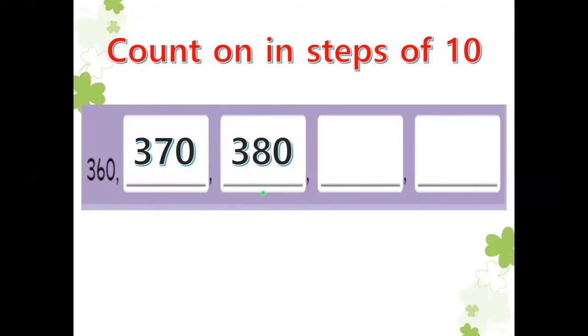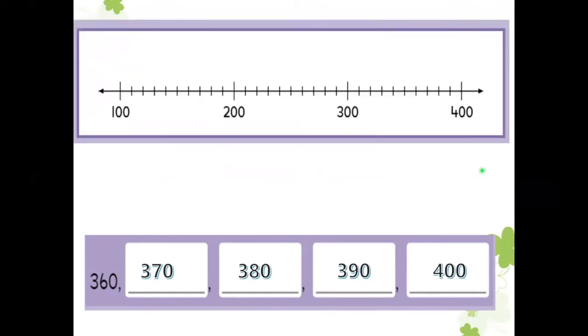So 380 plus 10, so that's 390. 390 plus 10, so that's 400. Okay, very good. Next, so we have here 370, 380, 390, and 400.